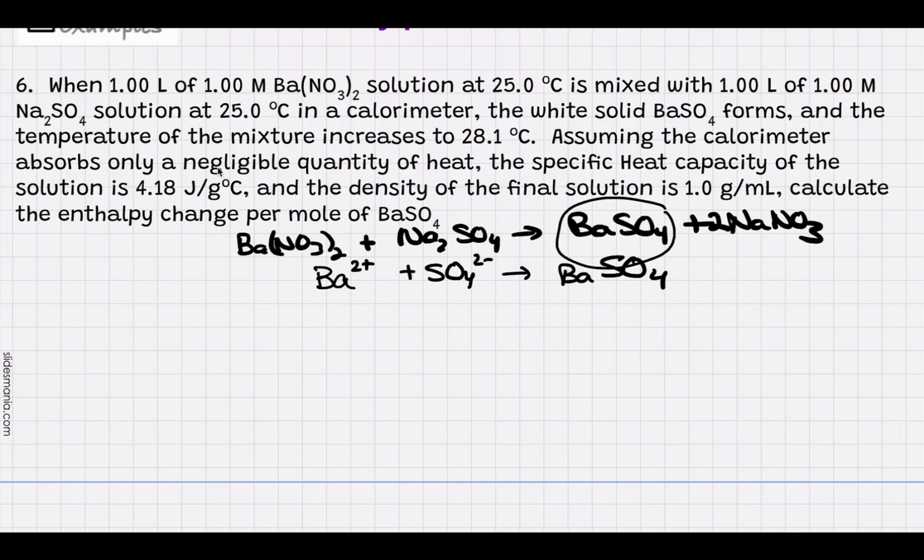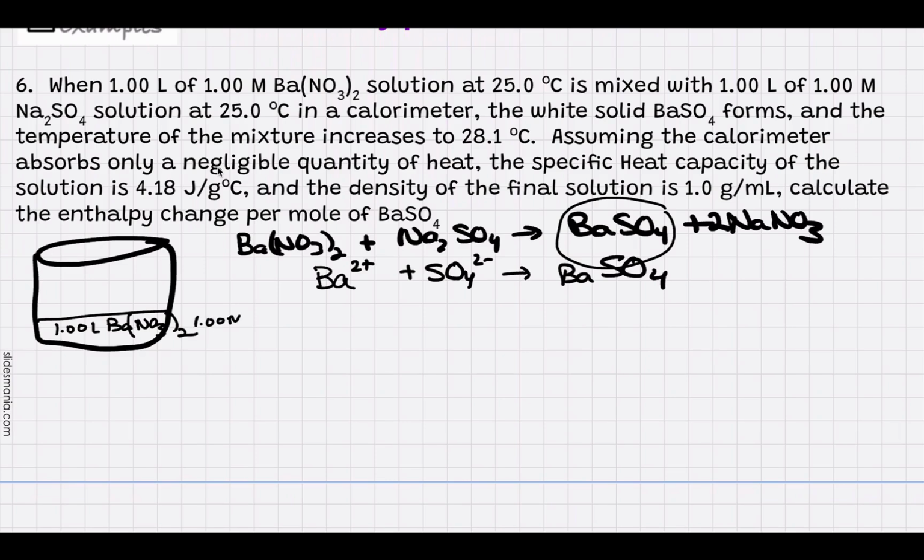So in the question, they're telling me that we have 1 liter of barium nitrate, and it's 1 molar, and we're going to mix it with 1 liter of sodium sulfate, 1 molar.